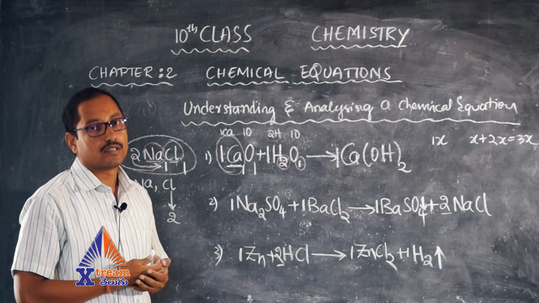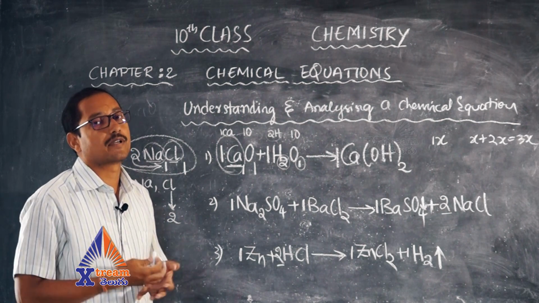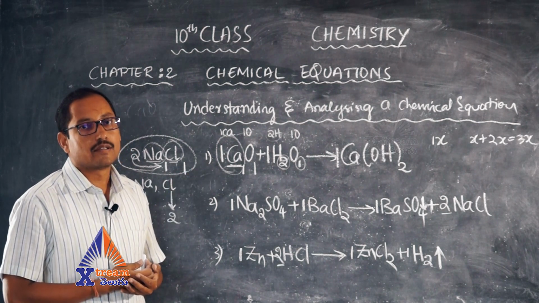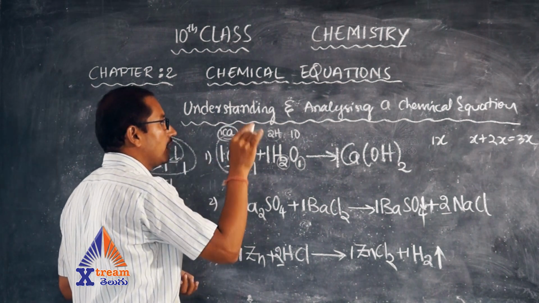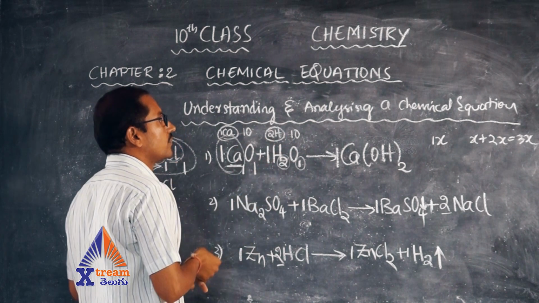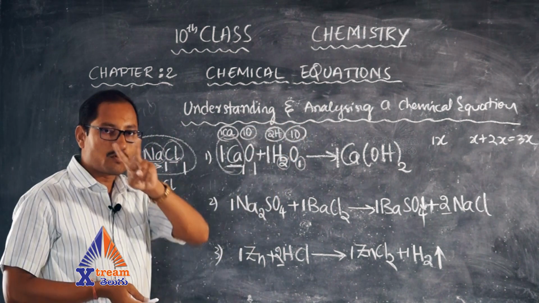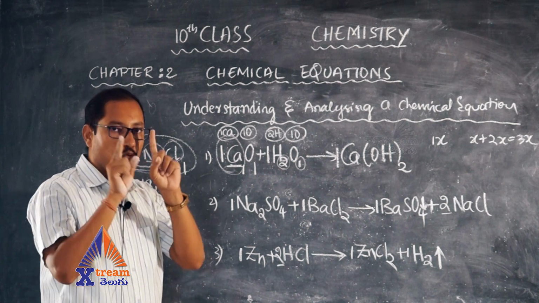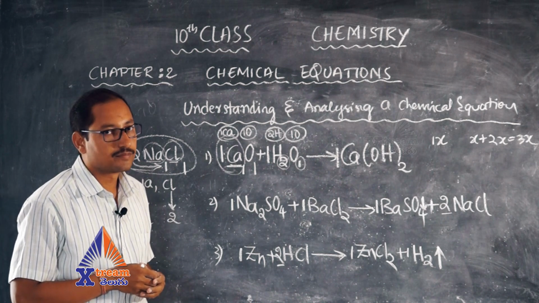Now let us count the similar elements present in this series of reactants. Calcium 1, hydrogen 2, oxygen 1 here and 1 here. That means 2 oxygens are there. 1 calcium, 2 hydrogens and 2 oxygens are there.